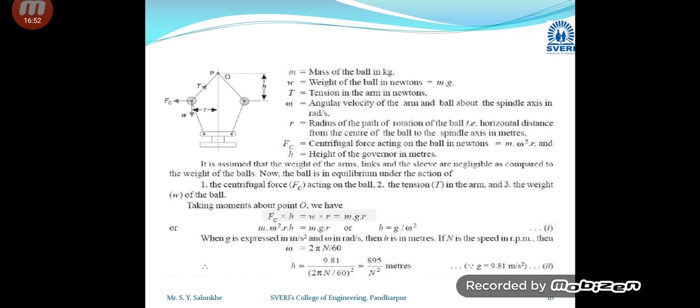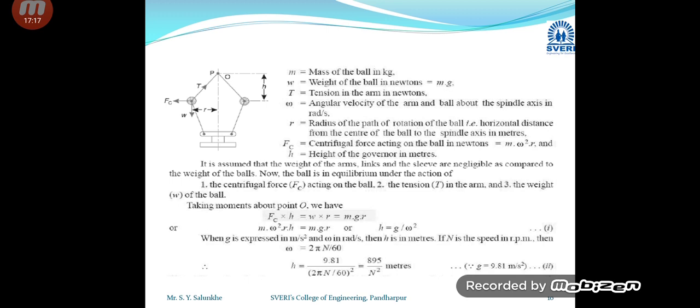So when g is in meter per second square and omega is in radian per second, then h is in meter. And if capital N is the speed in rpm, this omega can be converted into speed N. So we can write omega is equal to 2 pi N divided by 60.